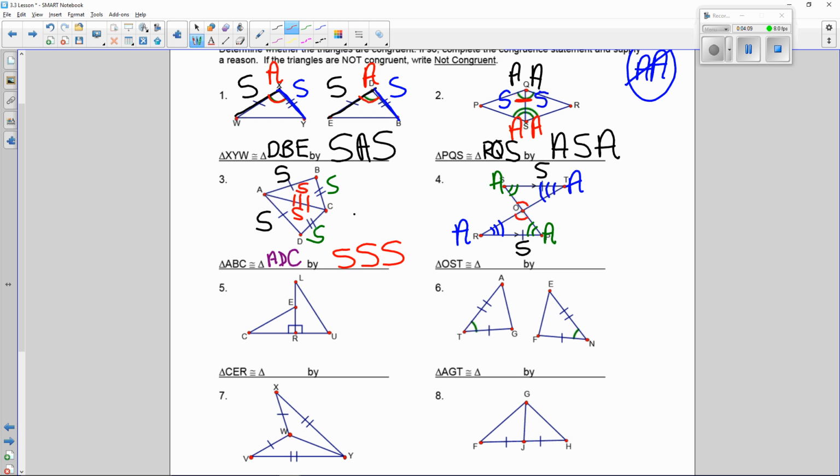So since we have an S, that's the included side between the two angles, we can say these triangles are congruent by angle, side, angle.